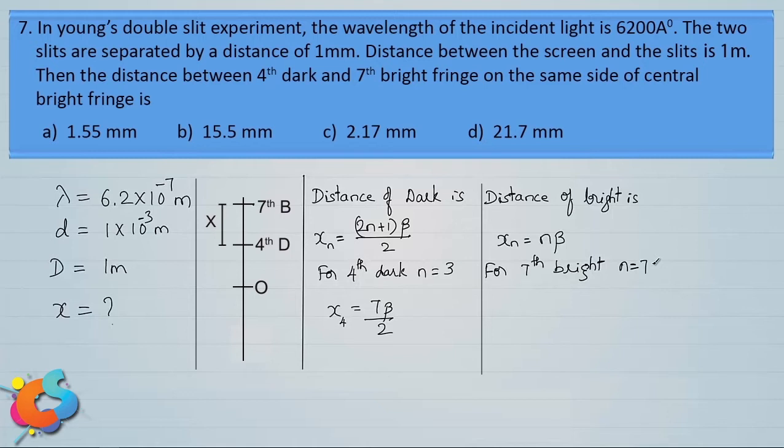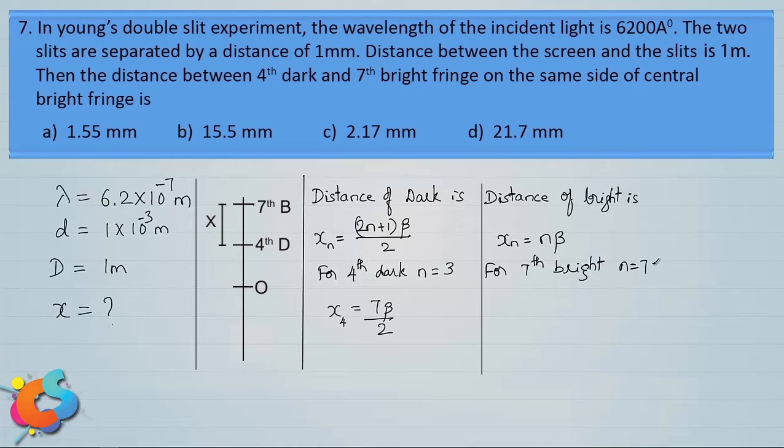That is true when you use the formula xn is equal to (2n plus 1) beta by 2 for distance. But when you make use of another formula for the distance of dark, xn is equal to (2n minus 1) beta by 2, then you need not make these adjustments.